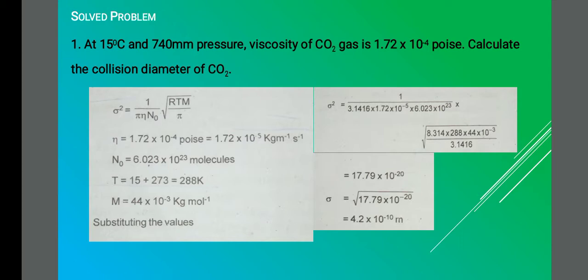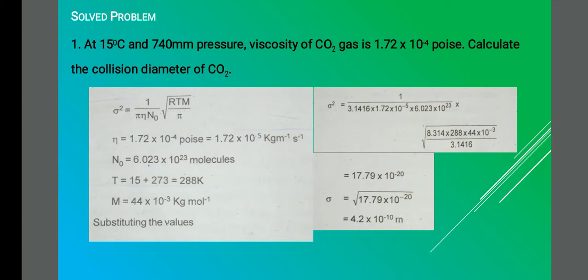You substitute all these values in the above equation, and we get the final answer as 17.79 into 10 to the power of minus 20. That's the answer for sigma square. If you find the square root of that, we get sigma, that is the collision diameter, equal to 4.2 into 10 to the power of minus 10 meter.